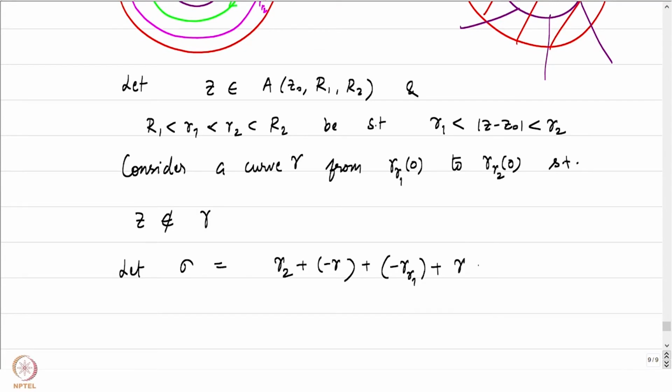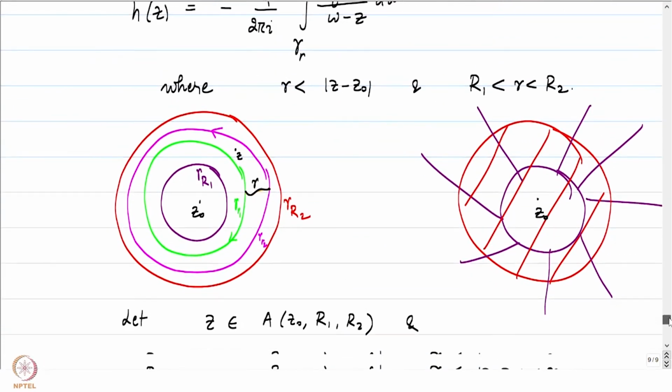So what is happening? This is the curve which I will draw using yellow, which I will erase after I draw. We go along this curve, go along gamma, go along green, and come back along gamma.